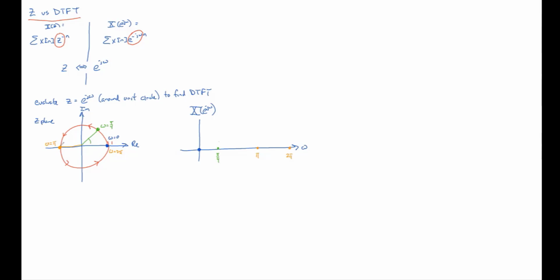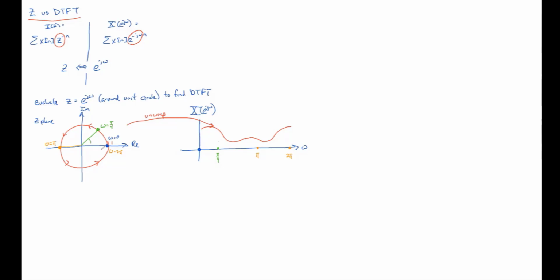And if you were to unwrap that height over here, you'd end up with the DTFT. Questions about that? I want you to firmly have that picture in your mind, that the DTFT is actually a wrapped around version of the, let's just call it height to break down the number of dimensions of the output, of the height of the Z transform evaluated around this unit circle. Any questions on that before I go on?